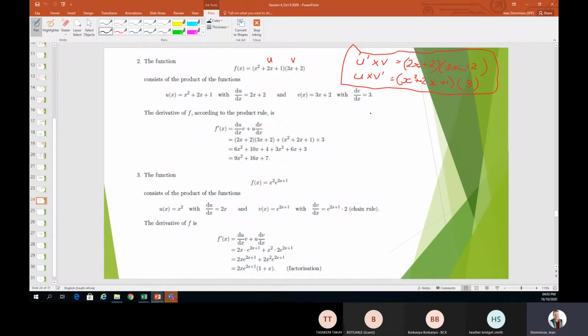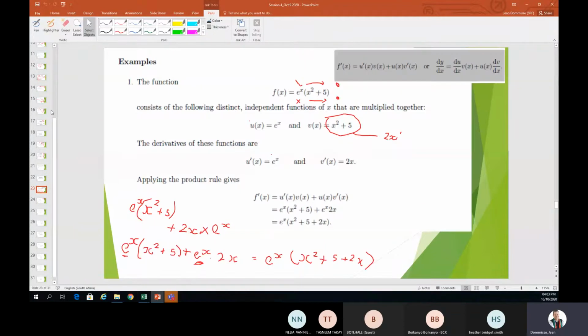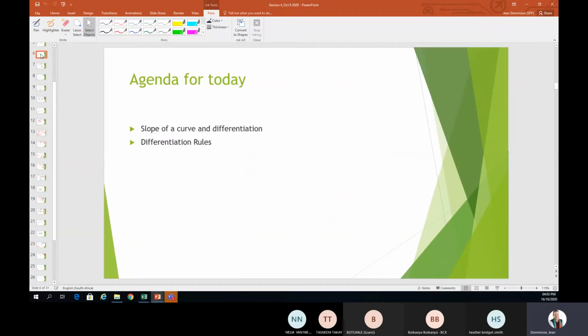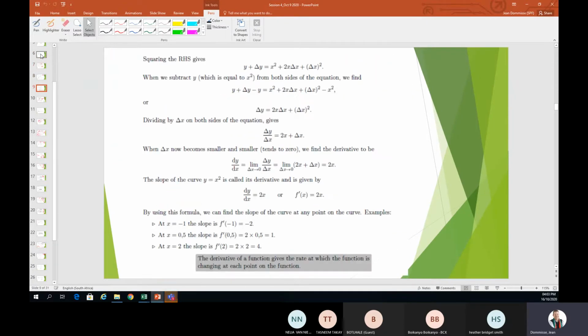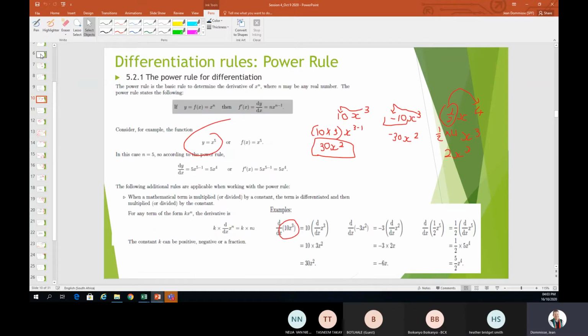Okay, so last week I'll just quickly run through it. We started with differentiation, the simple way of looking at it.